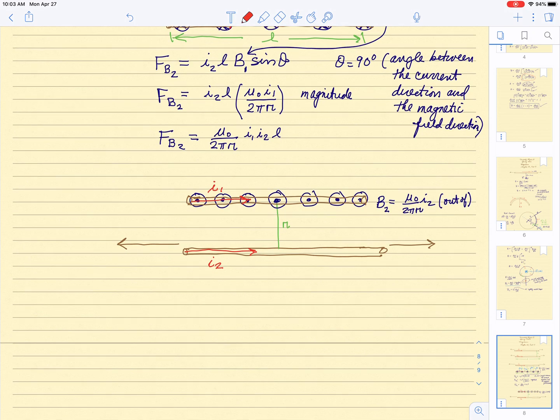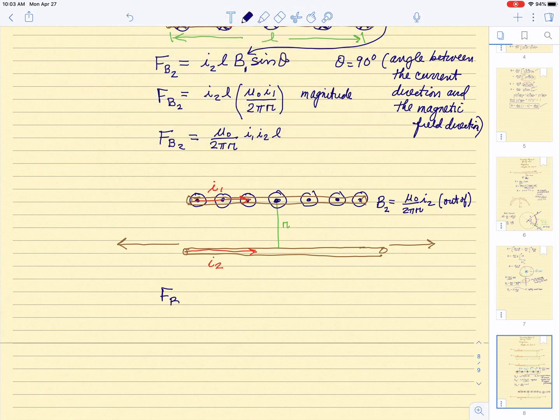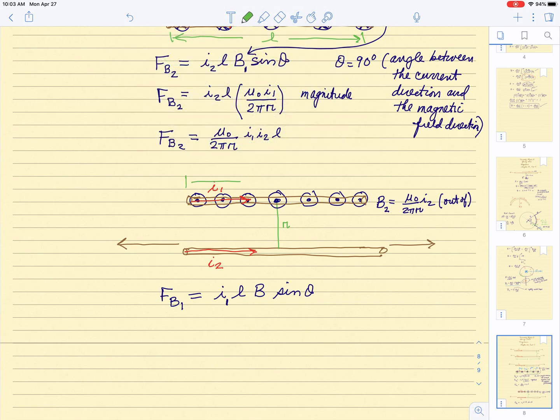And so the magnetic force on wire 1 is going to be I L B sine of theta. What I is it? It's the I that is going through wire 1. Remember that L is the relevant length, some length L that we're talking about here.